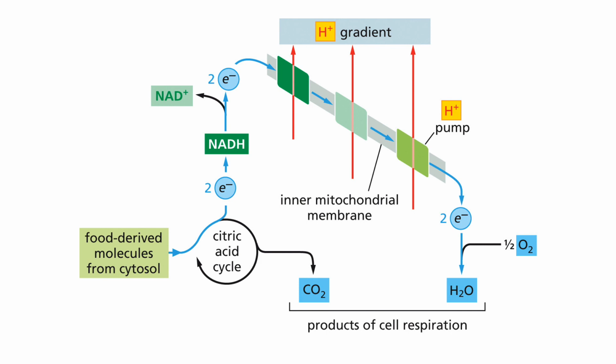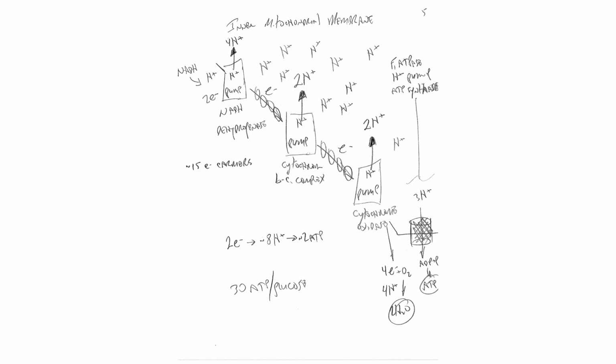Electrons are fed down this electron transport chain, released at the end, and combine with oxygen to give off water. So the products of cell respiration, just like the products of combustion, are CO2 and H2O, except the energy is captured. I want to look at a little more detail, adding my information to this kind of diagram.